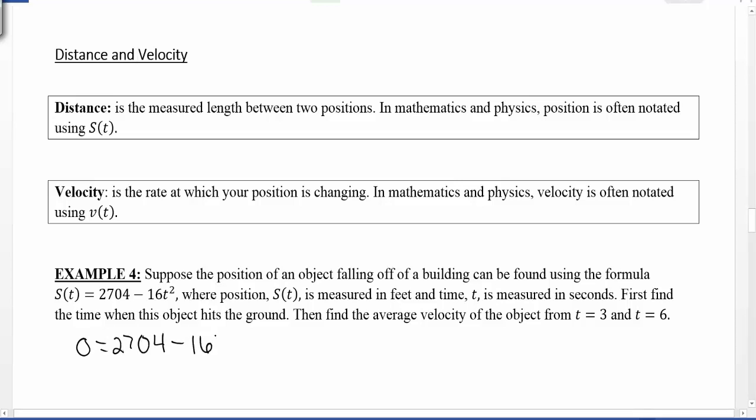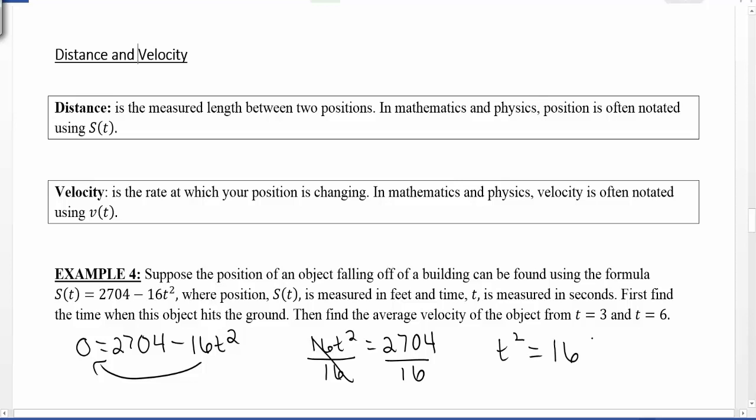By setting this equal to 0, this turns this first part into an algebra problem. So we can bring the 16t squared over to the left, and we get 16t squared equals 2704. We can divide both sides by 16. On the left it'll cancel, and on the right we'll be left with 169.